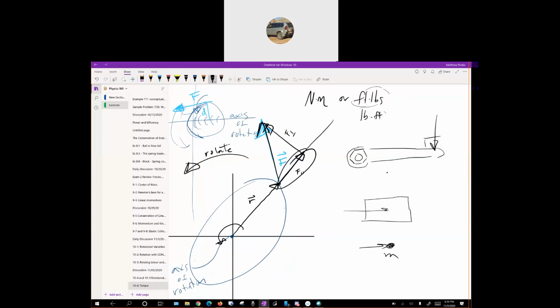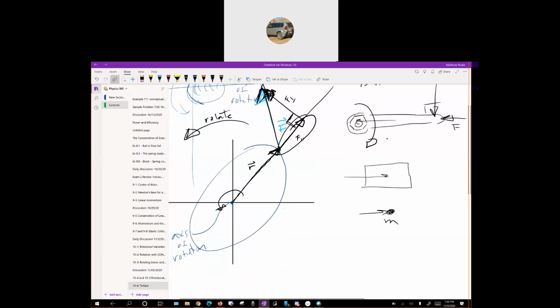But imagine just pushing on it. What if we applied the force directly in line with what it's supposed to rotate about? It doesn't do anything. So we're going to see that the most effective torque you can get would be when we look at the perpendicular component, because that's the only component that matters if we break it up. So we need the piece of this force that lies perpendicular to this radius arm right here.